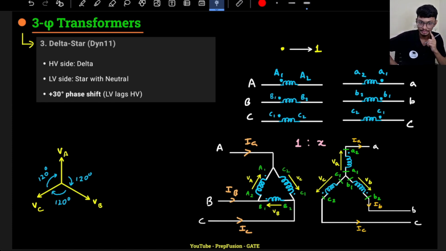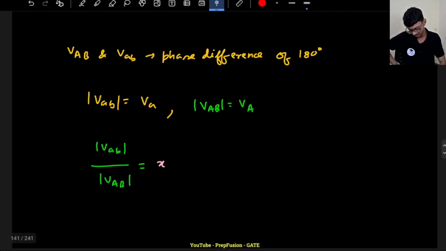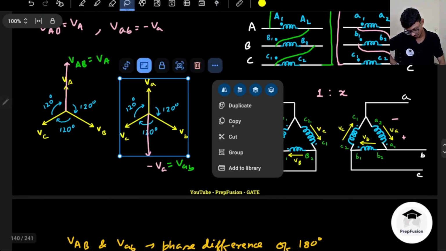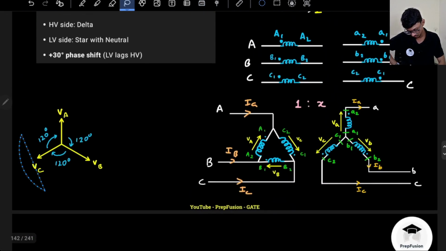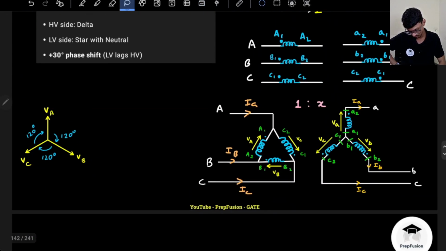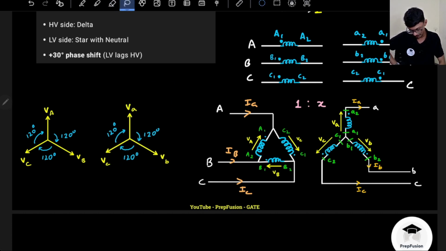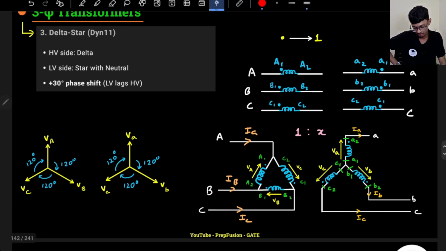Great. Now let's discuss the delta star. Delta star will be a bit interesting here. Again this will be VAB only. I have to copy this one as well. Let's first do the connection diagrams. A1 is connected to C2 here because it is delta, so that's why the namings are different.